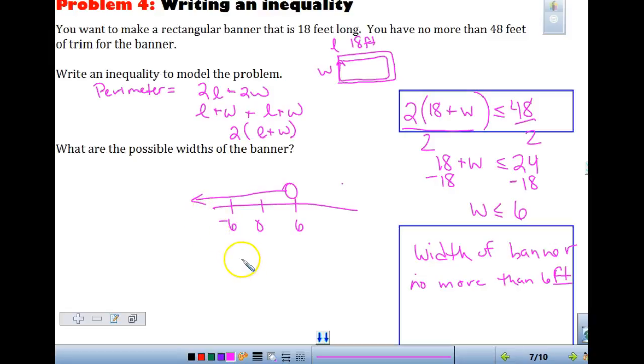Reality is, if we're talking about length, we can't say, oh, I'd like a -2 feet for the banner on the width. So this is where it's really important, in that W is going to be less or equal to 6 feet, and it must be greater than, not greater or equal, because if it's 0, you don't have a width. So it's going to be greater than 0.